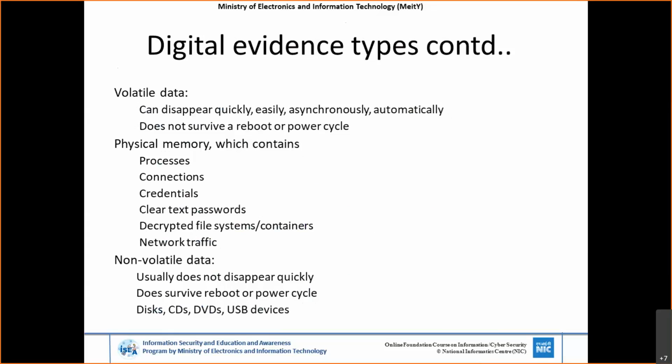Here are the classifications. In volatile memory, whenever you switch off or reboot the system, the data goes away. Non-volatile, or physical, memory covers all the media like CDs, DVDs, and USB drives that you write to. Volatile memory holds processes, connections, credentials, clear text passwords, and decrypted file system containers.